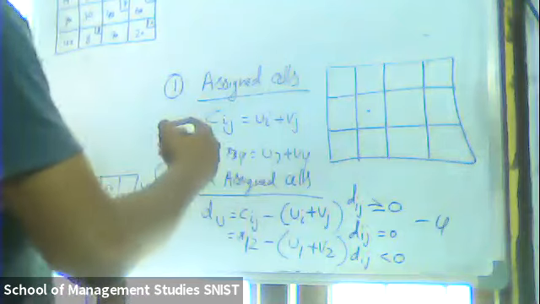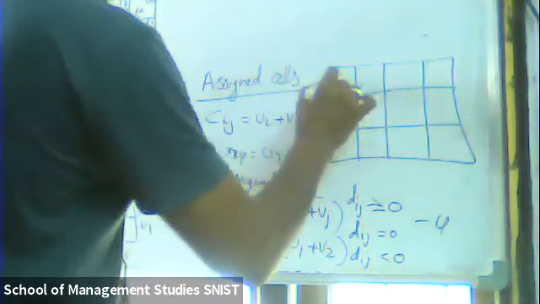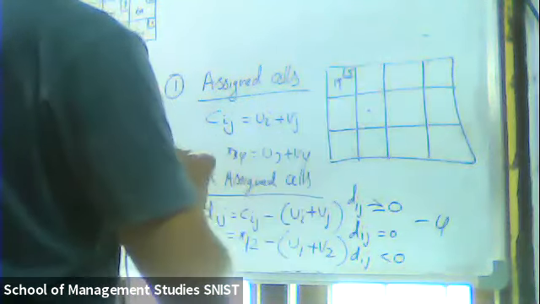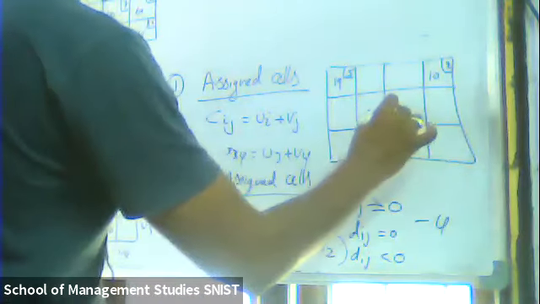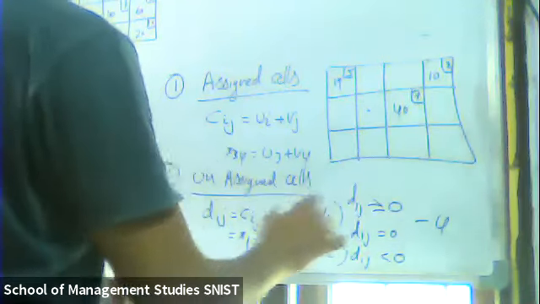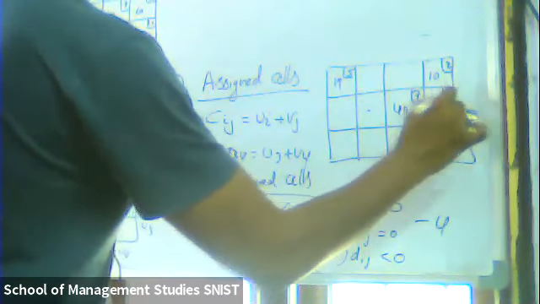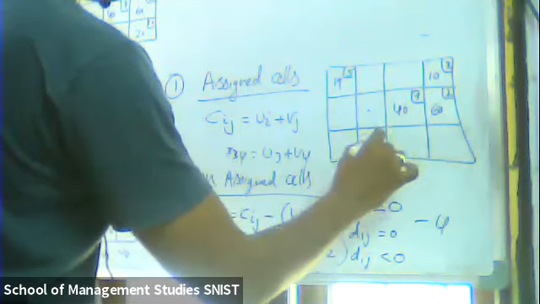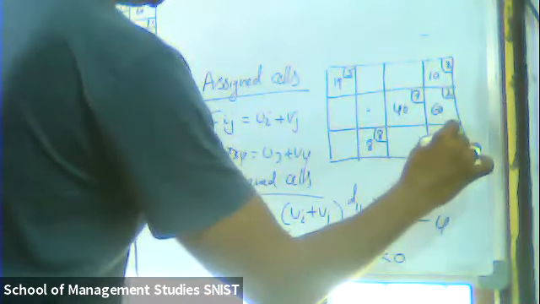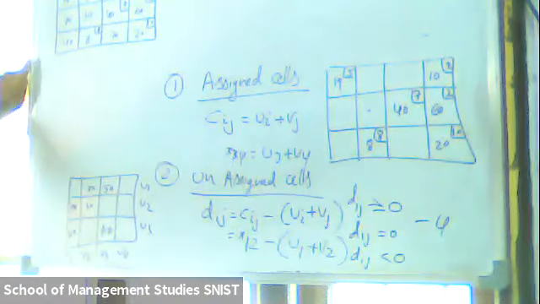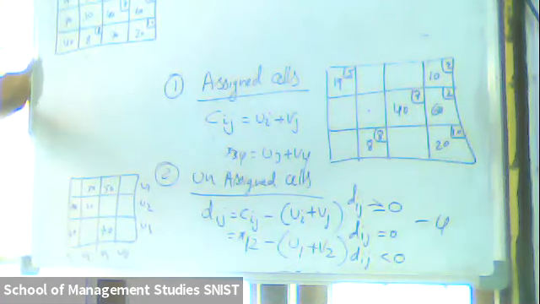Now next, again we write the allocations: 19, 5, 10, 2, 40, 7, 60, 2, 8, 8, then 20, 10. Are you following? Yes, sir.